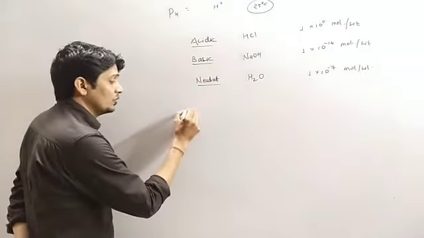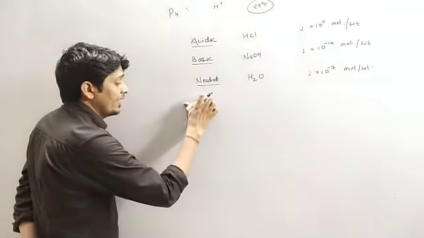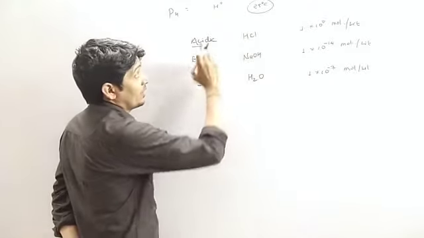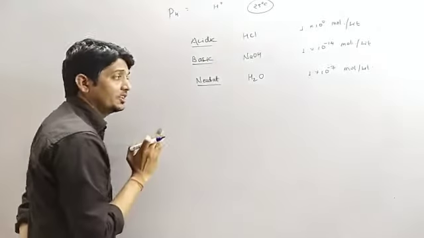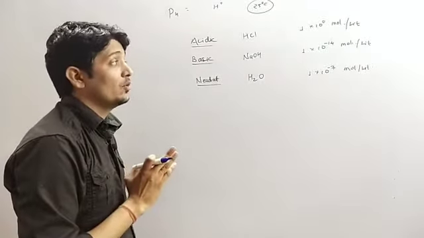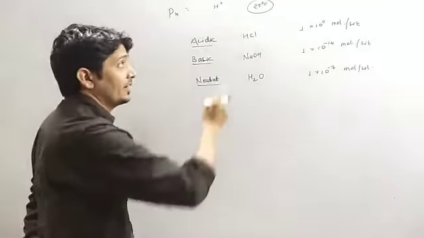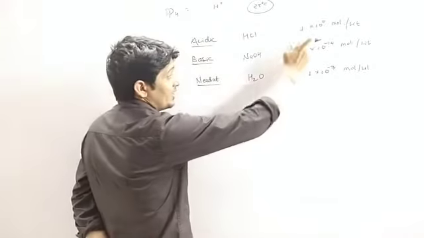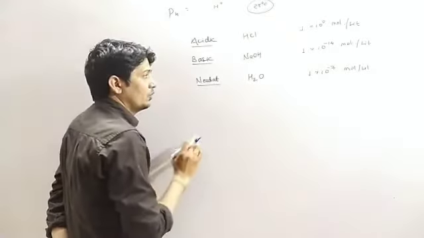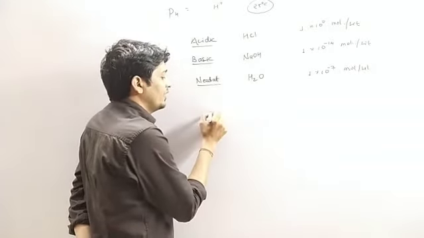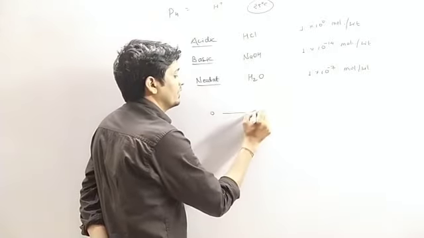The range of H positive ion they produce when they dissociate in water at room temperature goes from 10 to the power 0 to 10 to the power minus 14. So we can say 0 to 14.